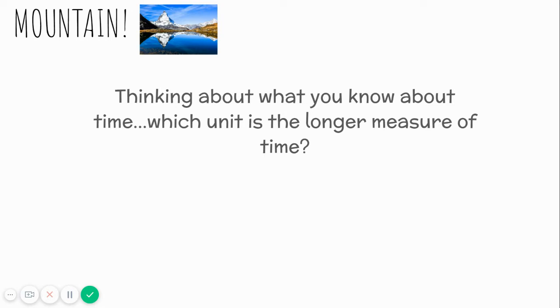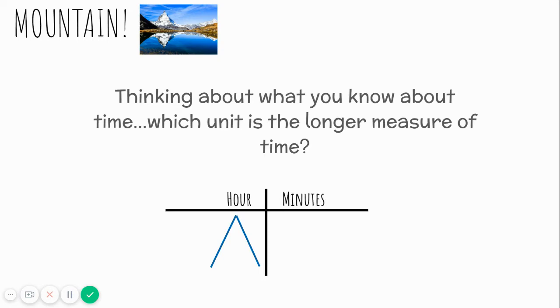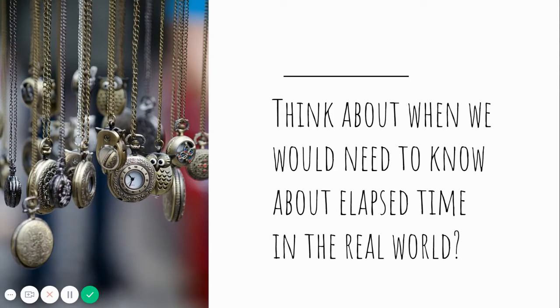So we have hours, minutes. Which one takes longer? Not which one's the longer hand, which one takes more time. An hour is longer. A mountain would take more time to climb. So we're going to represent our hour with a mountain. Minutes are shorter. They would be quicker to climb. So we are going to represent minutes using a hill.